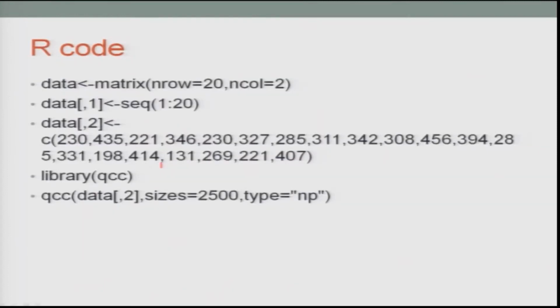If I put this in R, the matrix would again be 20 cross 2, depending on the reading number and the value. The values given are 230, 435, till the last two, which are 221 and 407. Again, you recall the same set of functions in R and plot the graph.